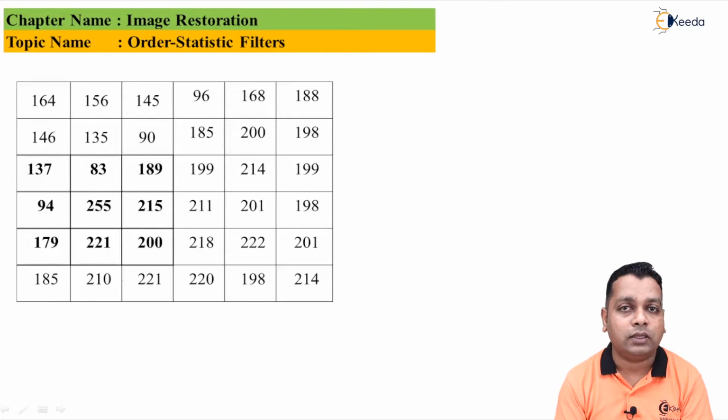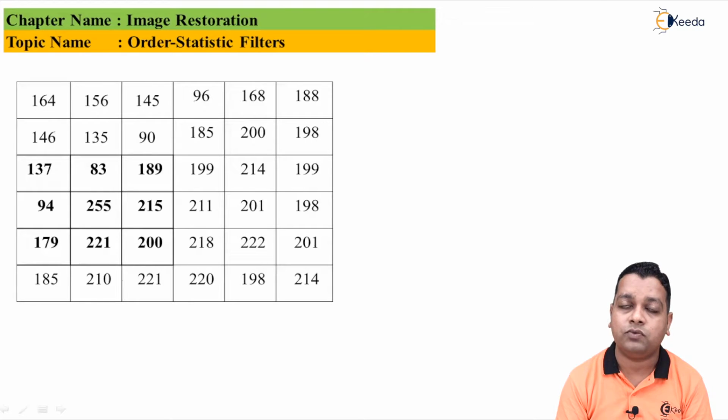When we take the case of an 8-bit image, the lowest possible intensity is represented by the number 0, whereas the maximum possible intensity value is represented with 255. So this 255 is the maximum value.